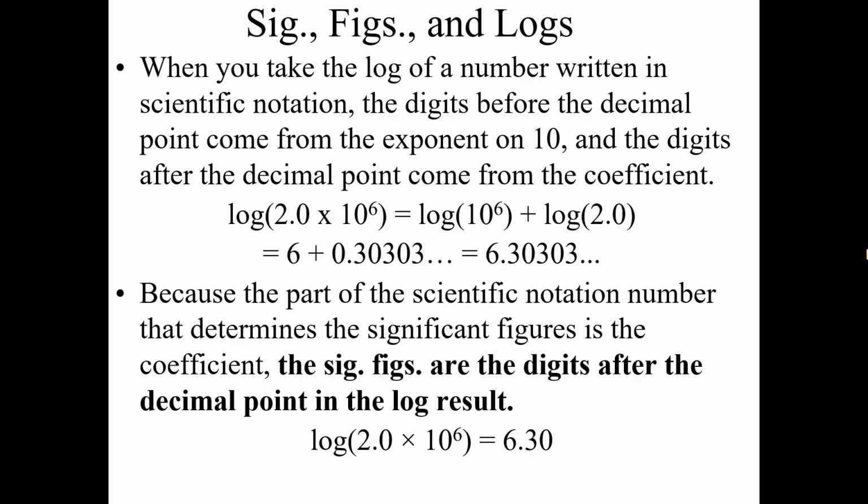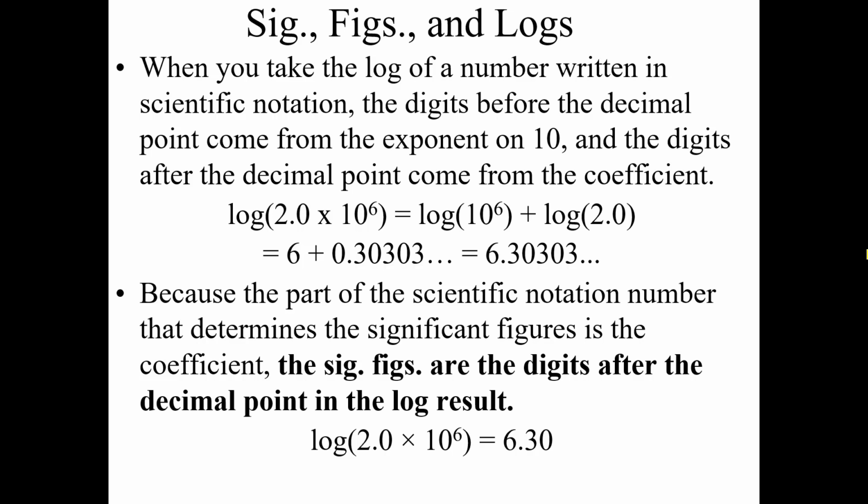And the log of 2.0, we look it up, and it's 0.30303. It's a repetitive number there. So when I add these, I have 6.30303, etc. Notice that that 6 that's before the decimal point came from the 10 to the 6th power.